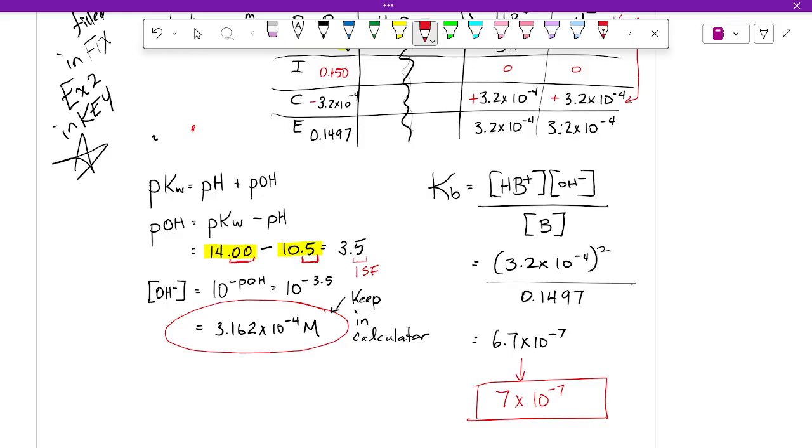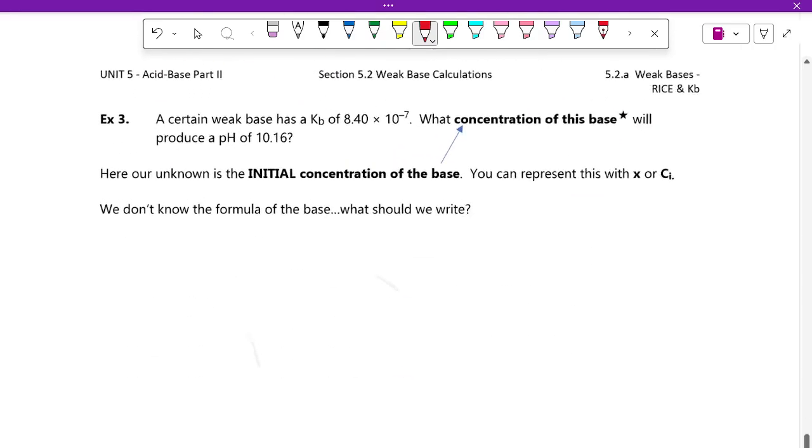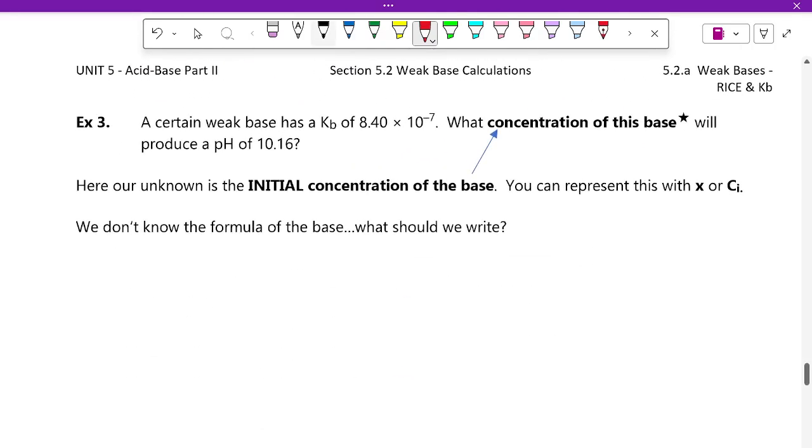Should we do example 3? Yeah? Okay, let's do example 3. Because we only have 10 minutes, do you want me to do it with you quick? Yeah, rather than figure it out. Some of you have already figured it out on your own, and you probably could do it. But let's just do it quick because we only have 10 minutes.